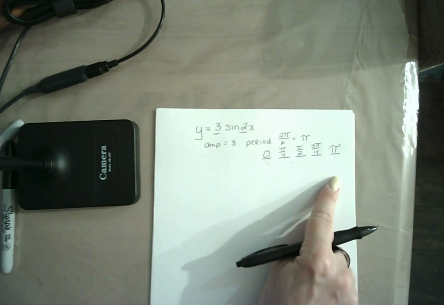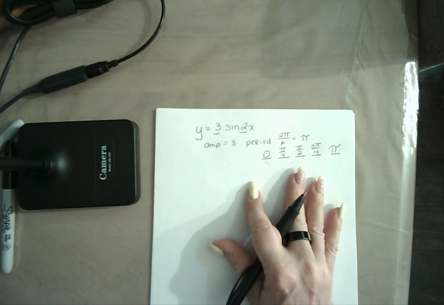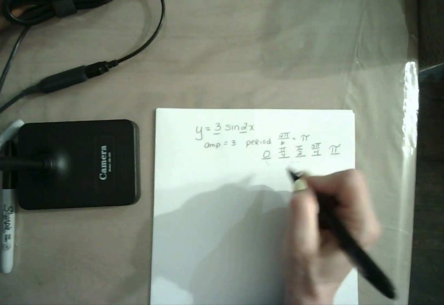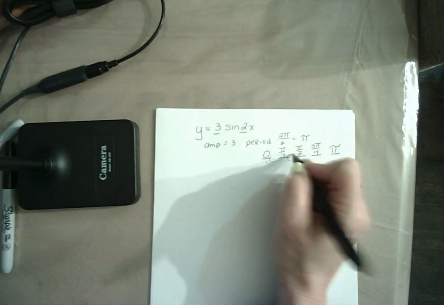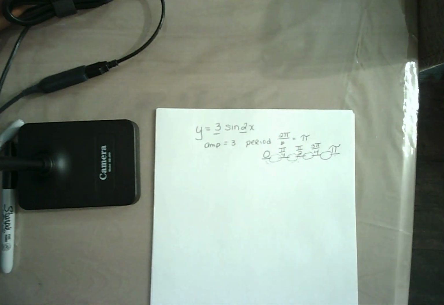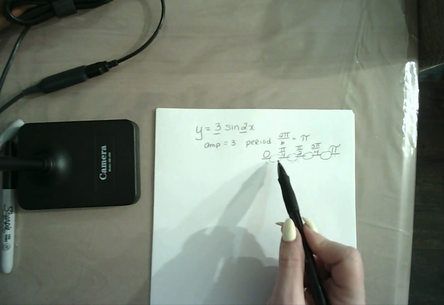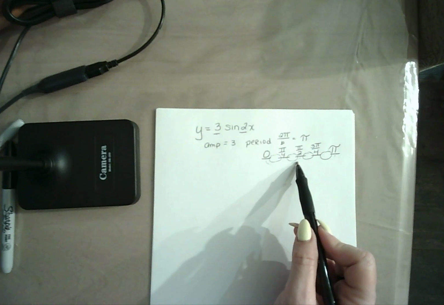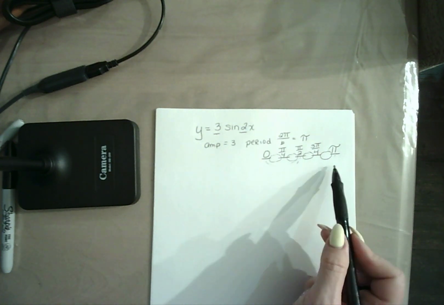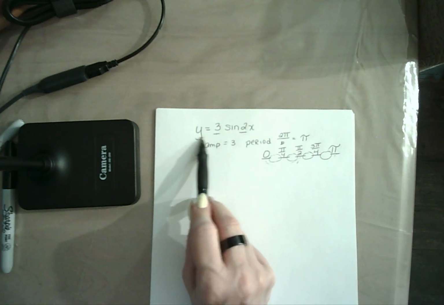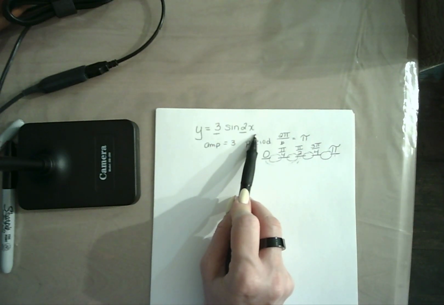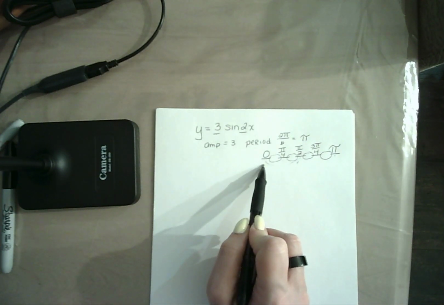Okay, this is what we did last class, and we remember we said that there were 5 points, but if you notice, we only move 4 times. So now I'm going to show you something that has what's called a horizontal shift. We call it a phase shift. This was the old way we were going to write it when we started at 0.